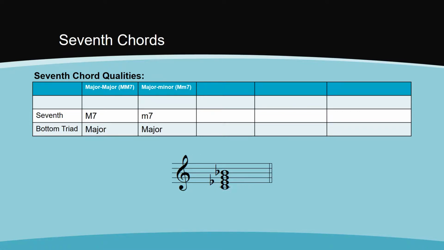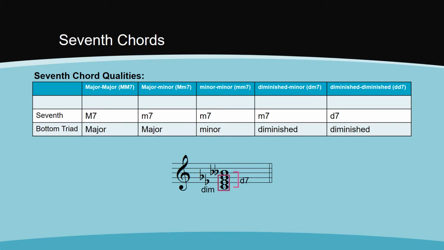A seventh chord that is made of a minor triad and a minor seventh is called a minor-minor seventh chord. A seventh chord that is made of a diminished triad and a minor seventh is called a diminished-minor seventh. And a seventh chord that is made of a diminished triad and a diminished seventh is called a diminished-diminished seventh chord.